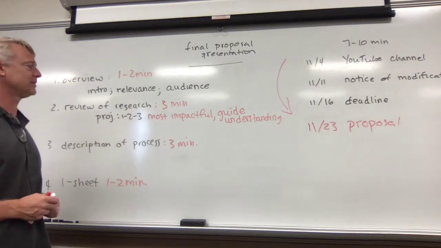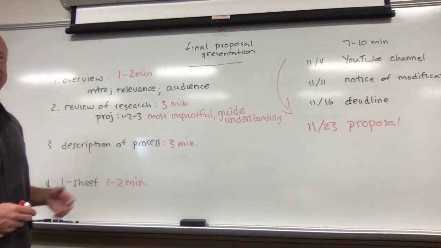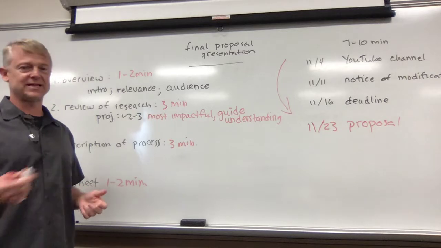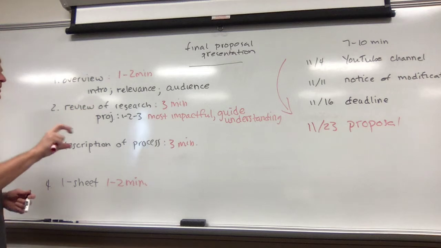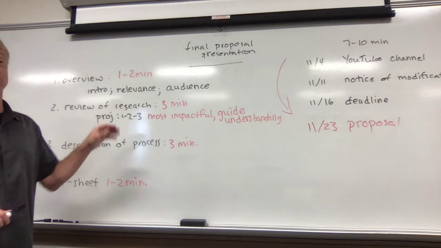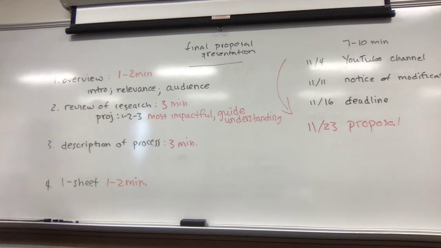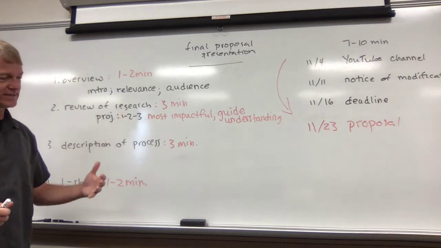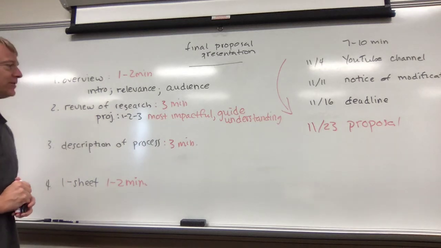Spend about 3 minutes, a significant chunk of time, going through the couple of most impactful articles, or like I said, if you're actually doing the research paper, you want to show that the 5 that you've chosen, maybe in less time, and then what your research will look like moving forward, because there's still the remaining 5 to get the 10 for the research papers. You'll basically handle that like an annotated bibliography, where you've got all of your sources and then a brief description of the synopsis and relevance thing that I have all my students do.